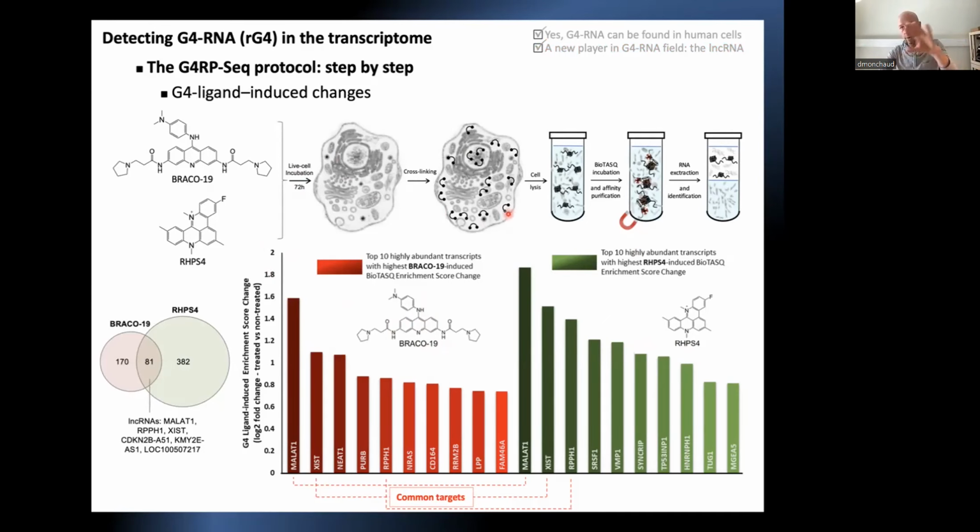And I would like to remind you that we are focusing here on RNA. What we discovered is that these two established DNA G4 targeting agents interact very strongly with RNA G4. That's normal because RNAs are highly abundant and more easily accessible within the cytoplasm. And the common targets of these are long non-coding RNAs.